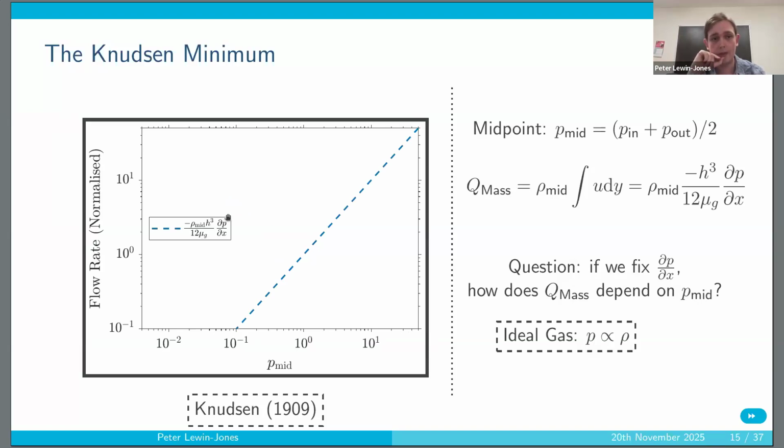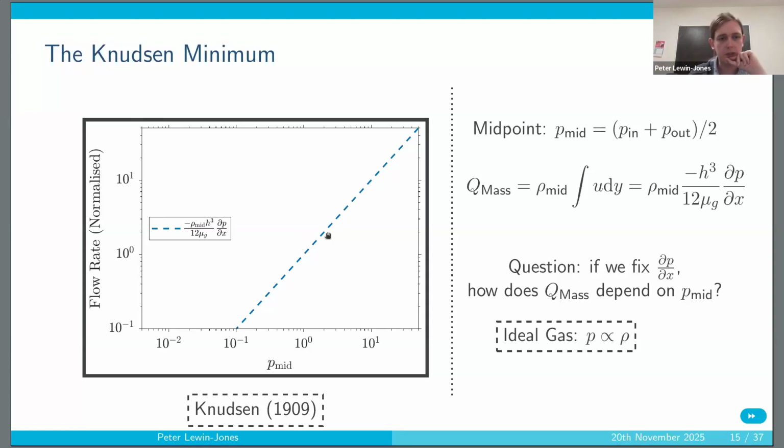So if we've kept our pressure gradient constant and everything else constant, the viscosity and the thickness, and I'm varying the midpoint pressure, which means I'm just varying the density at the midpoint, then my flow rate is going to look like this. And I've normalized the flow rate by the flow rate at P equal to 1, just so it's easier to look at.